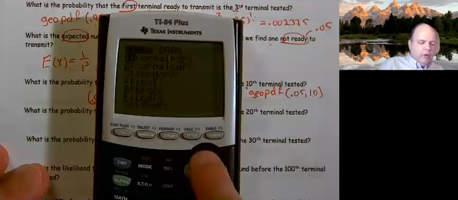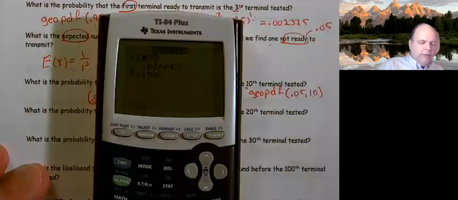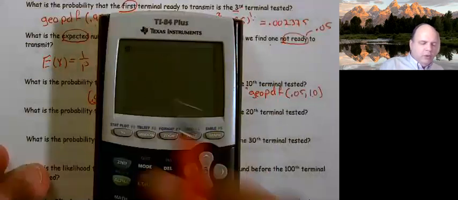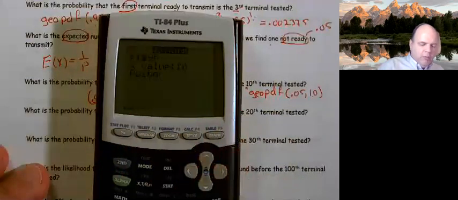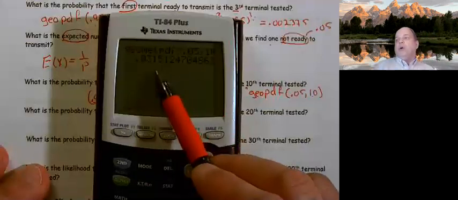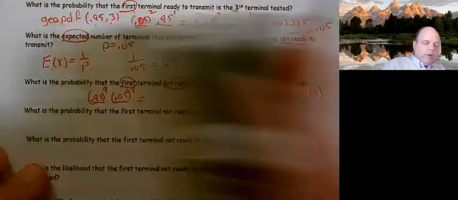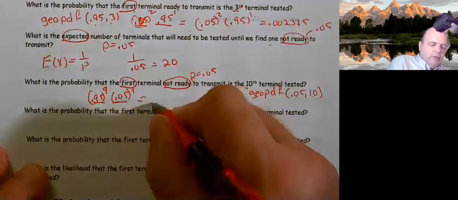Second vars, geometric PDF, 0.05, X value is 10. And we get 0.0315.